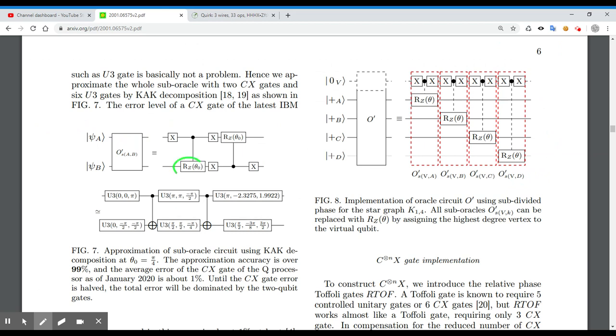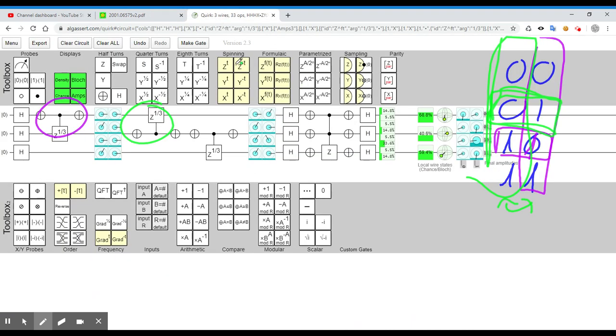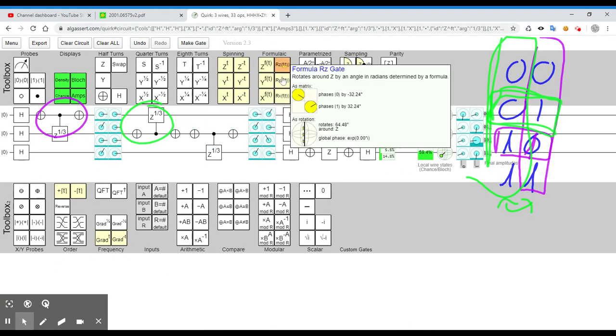Now, I keep getting confused with the RZ gates and the Z rotation, because of the way it's put in Quirk.